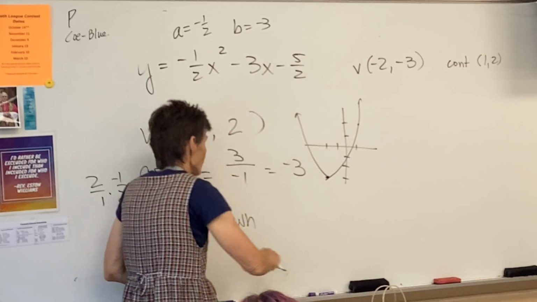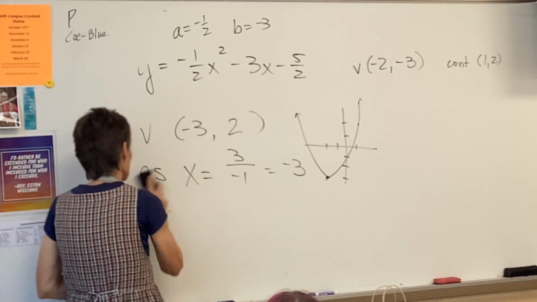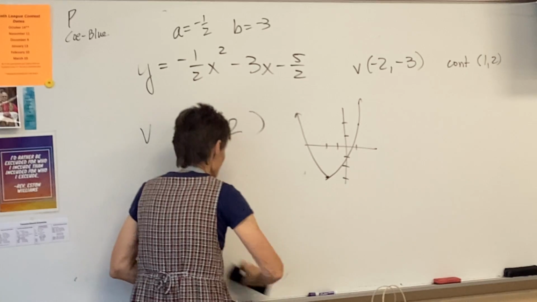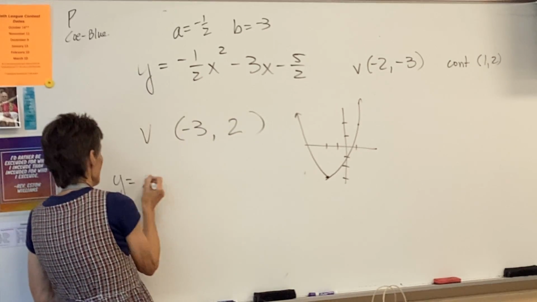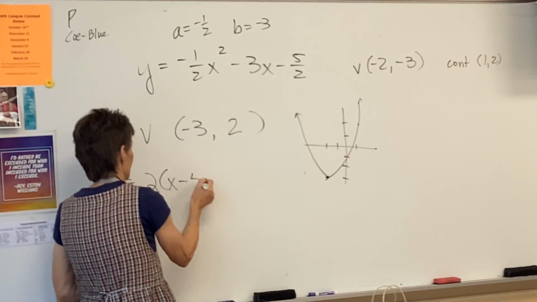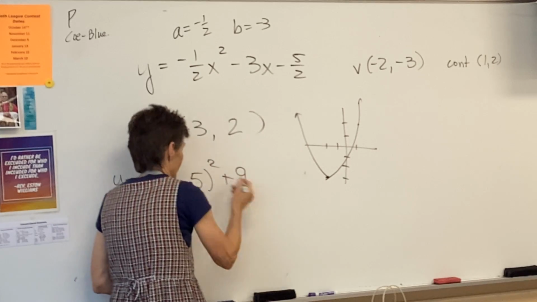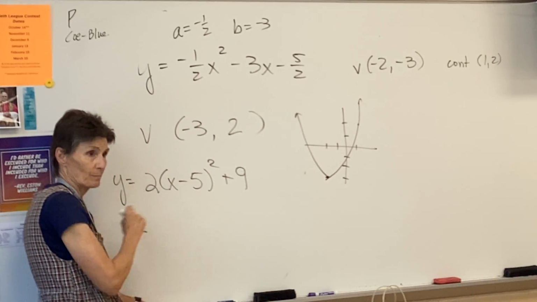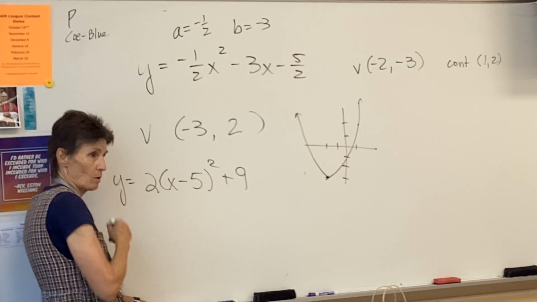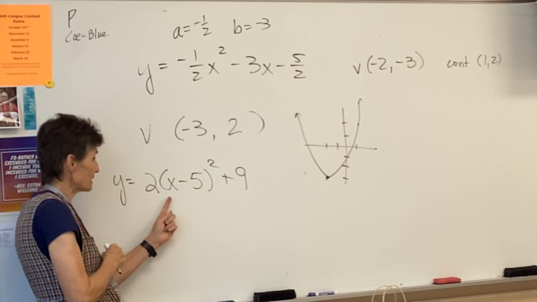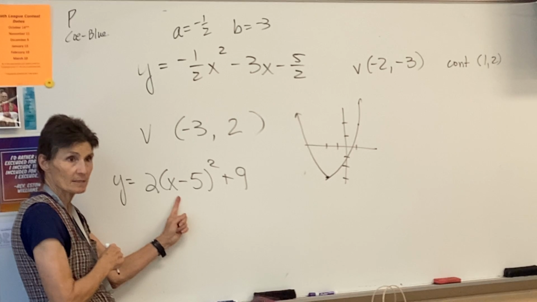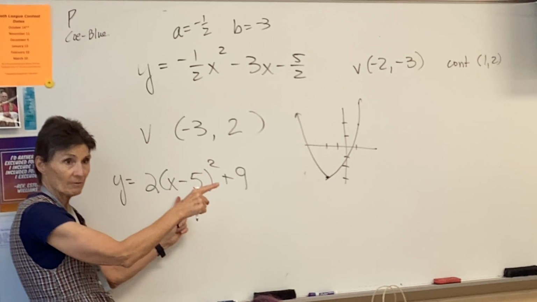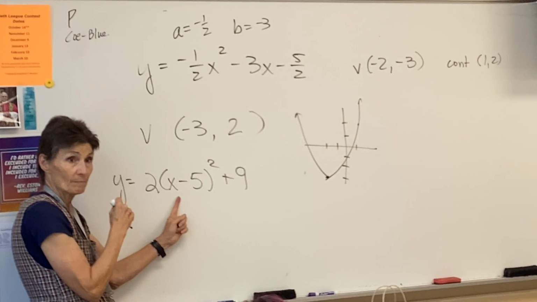One of the very first problems that we looked at, several of them, looked like this. And I said that's vertex form. Why is that vertex form? Because I can see this parabola is right 5, up 9.